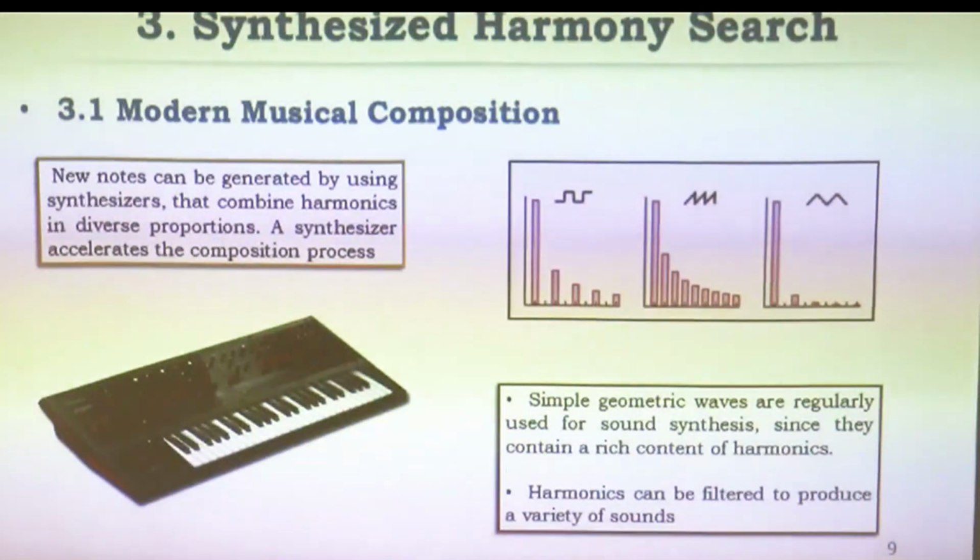And here is our variant. It's based on modern musical composition. Actually, musical composition uses a synthesizer that accelerates the composition process, because it can emulate and include different notes from instruments or from waveforms, like square waves, sawtooth waves, and triangular waves.